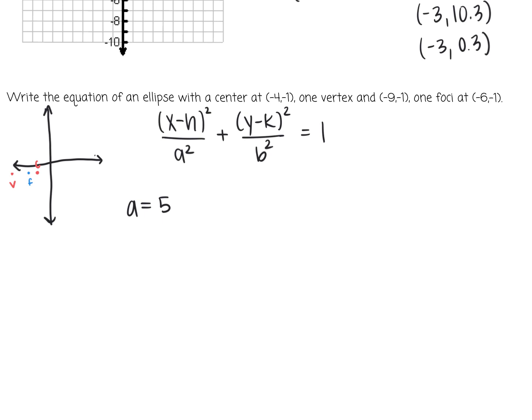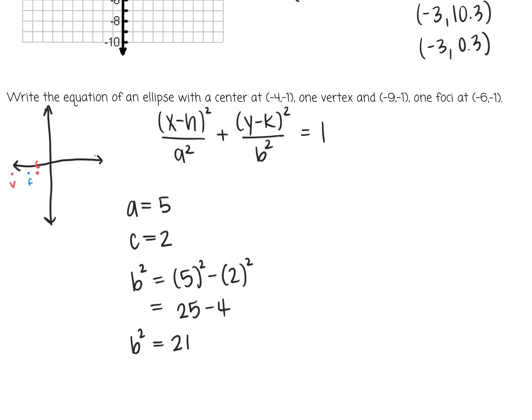We know c, the distance from our center to our focus is 2. Now we just need to find b. So we use the fact that b squared equals a squared, which is 25, so 5 squared minus c squared, so 2 squared.